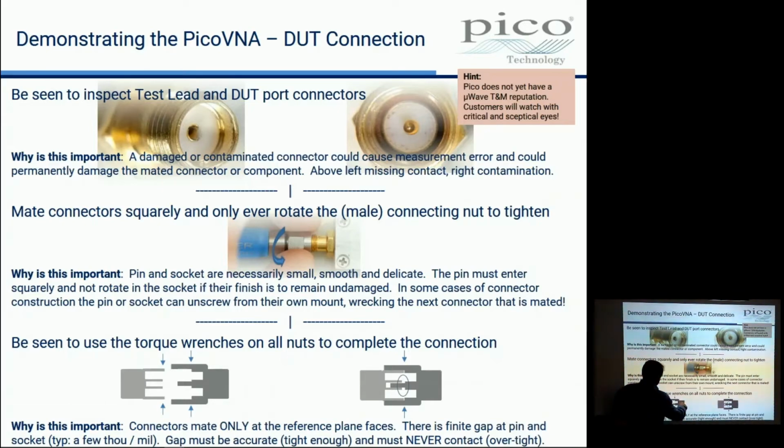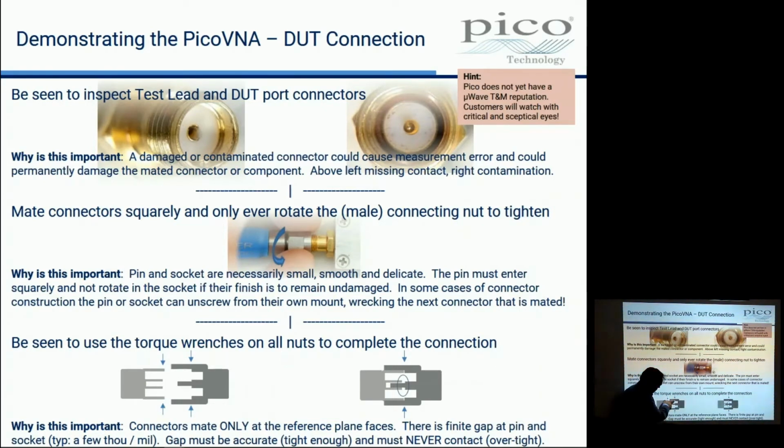This is the male. It's got thread on the inside here, the nut, that spins round freely, and then it's got its pin sitting there. And my arrows are showing two important places. The reference plane on the end of this connector is this face here.